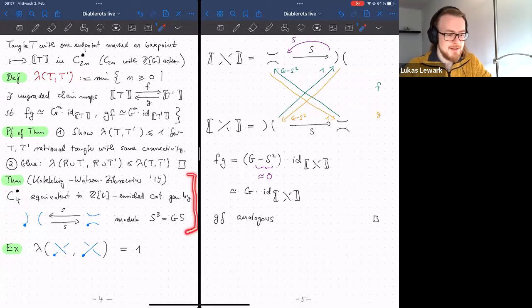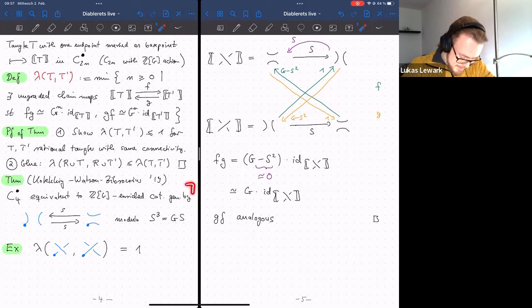This is just the beginning. They have a whole way to encode complexes over this category of C4 in a geometric way as multi-curves on a punctured sphere, which allows you to deal very effectively with these complexes. So that's the reason they're interested in C4, to develop this calculus. And as far as I understand, that's not going to generalize very easily to C6 or C8 and so on. So that's why they didn't go further here.